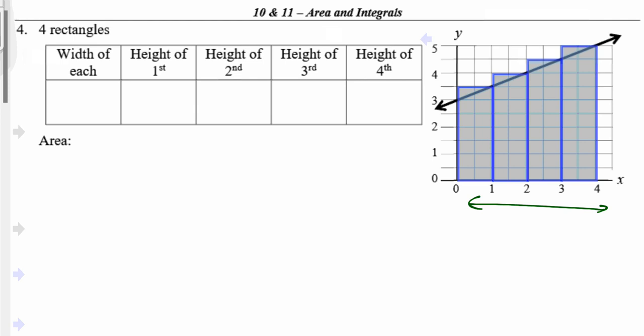That gives me 1. Each rectangle has a width of 1.